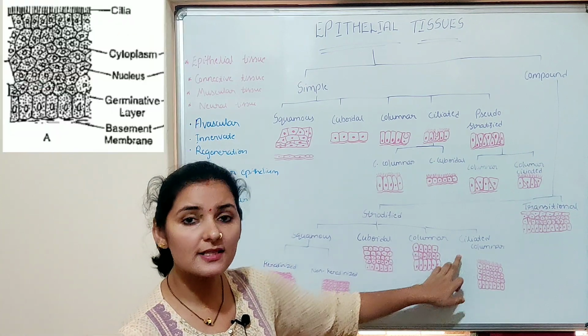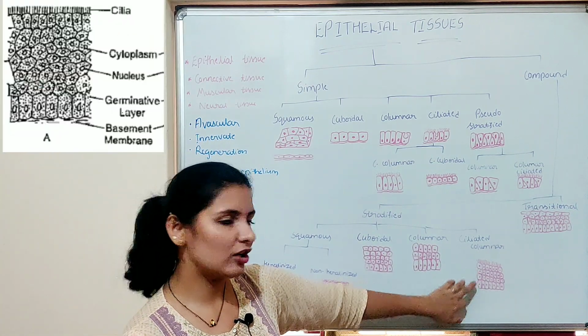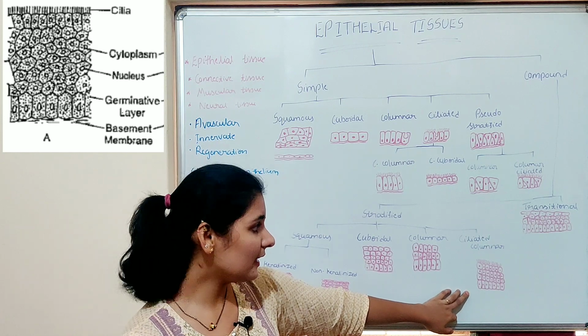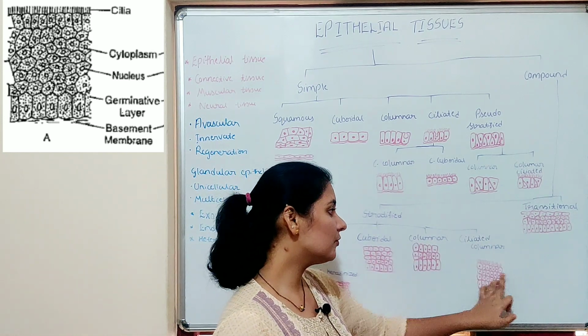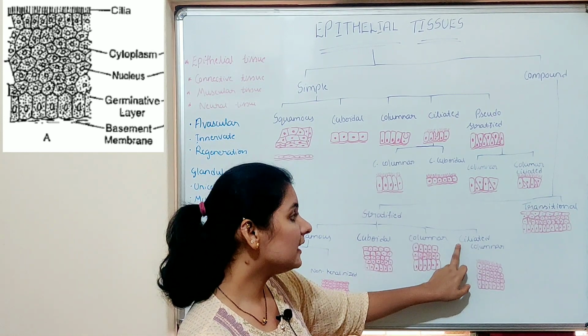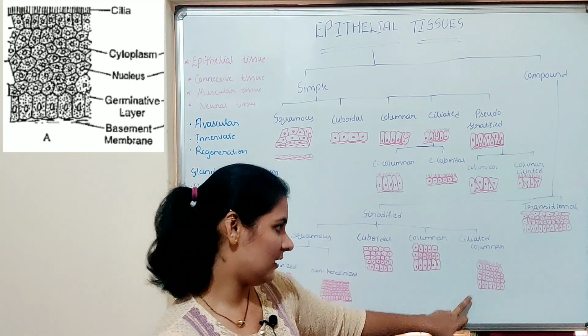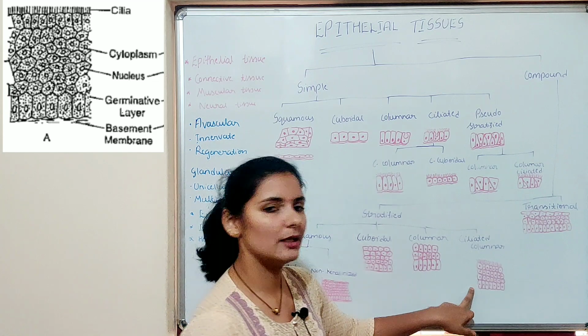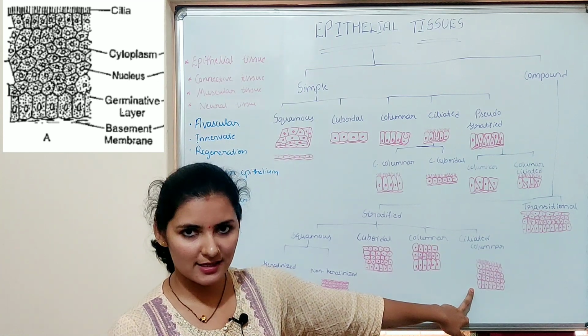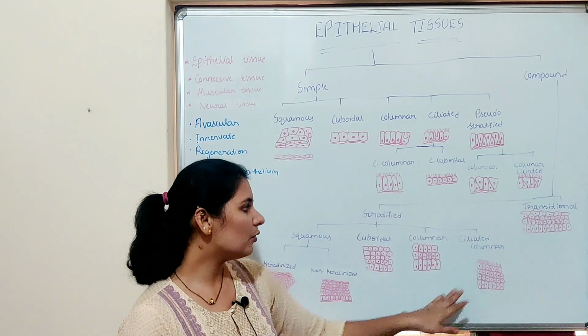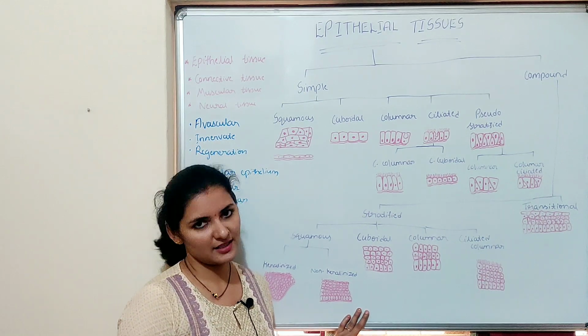The fourth type is stratified ciliated columnar epithelium. As the name indicates, in this type, the superficial layer is made up of ciliated columnar cells, whereas the basal layer is made up of simple columnar cells. So that is about the four types of stratified epithelium.